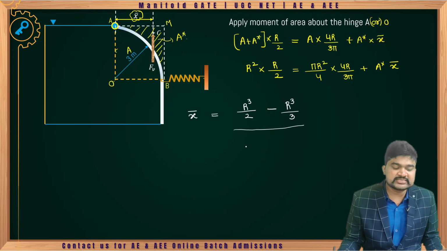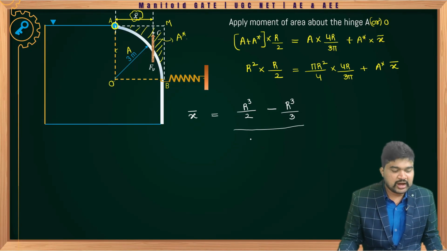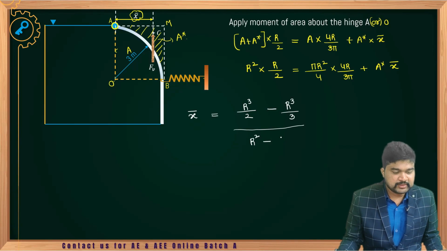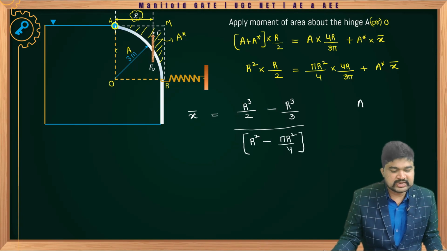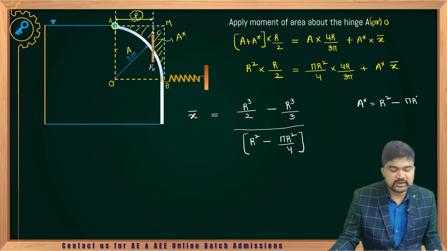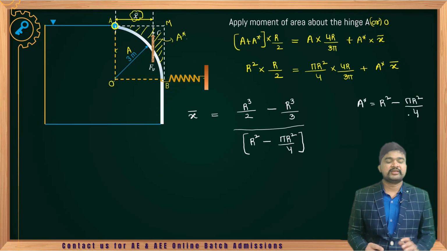A star is nothing but total R square minus pi R square by 4. Correct? A star is nothing but R square minus pi times R square by 4.